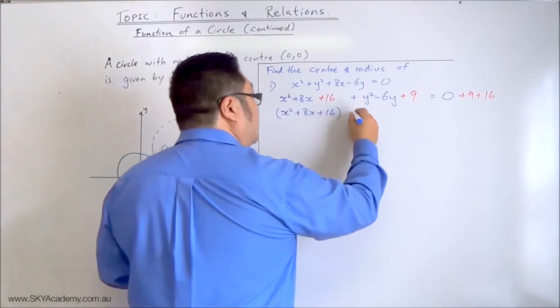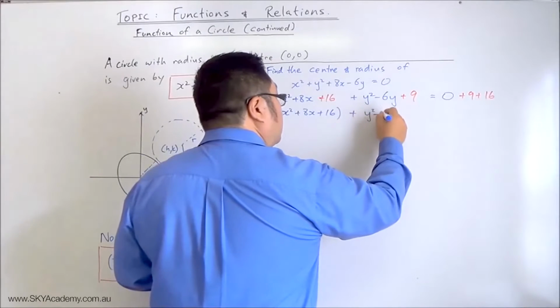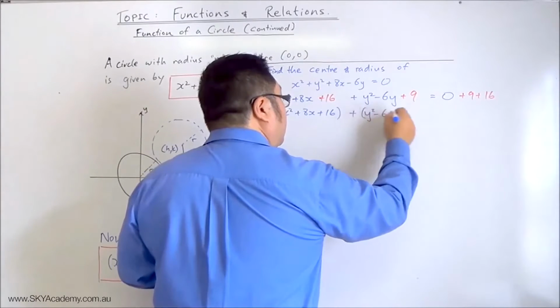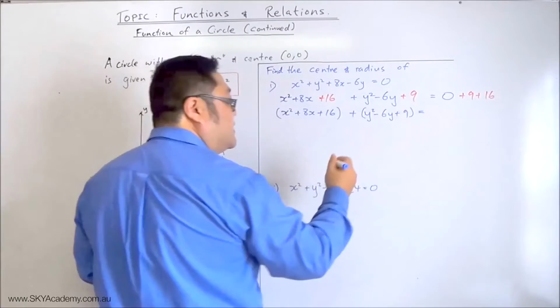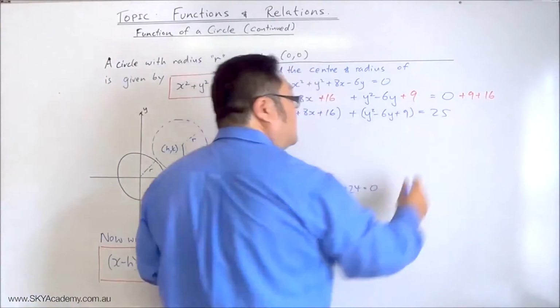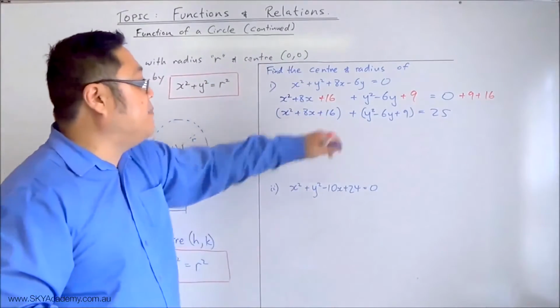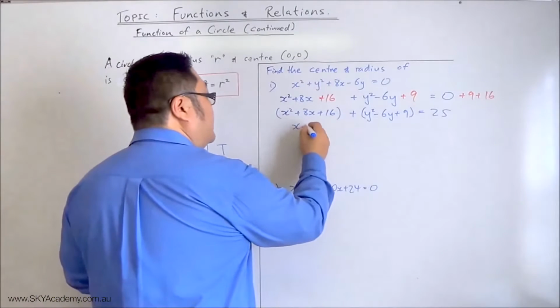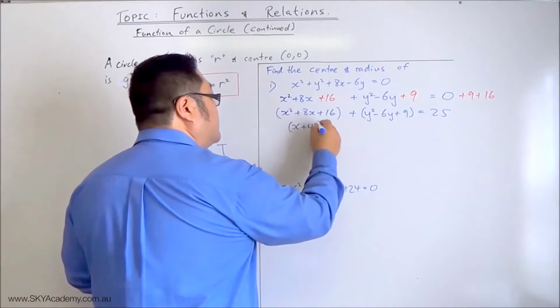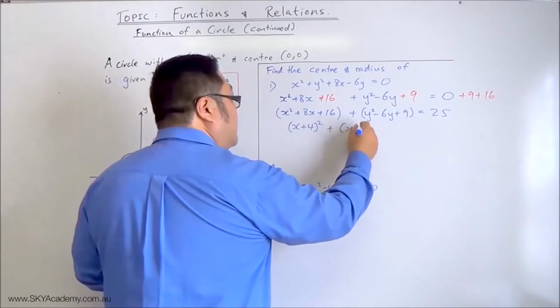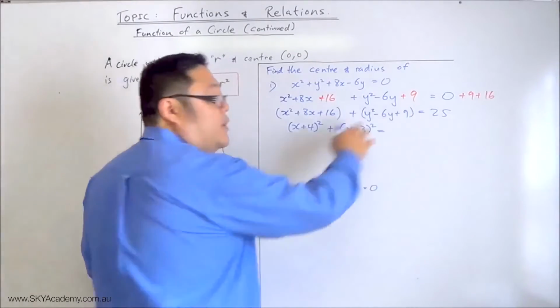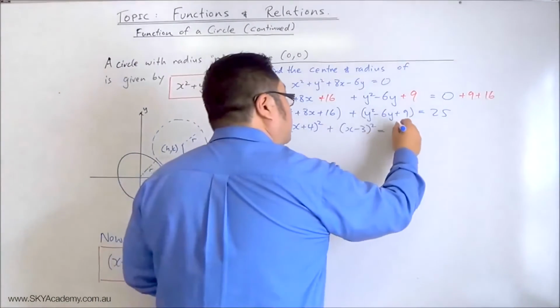on the left hand side, on the left hand side still, and that gives you 25, right? Now this is a perfect square. It ends up being x plus 4 squared plus y minus 3 squared, and 25 is 5 squared.